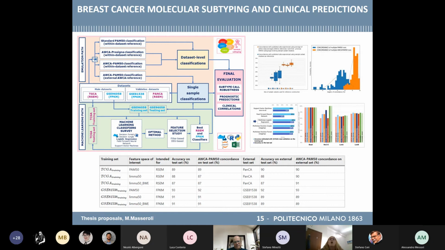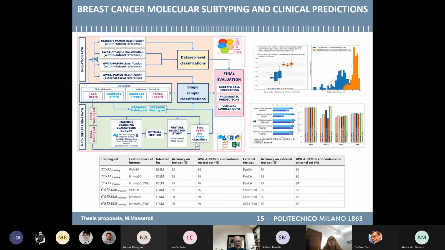On the other side, we proposed some alternative classifiers, and in a machine learning survey, basically, we compared different classifiers to find the best option at the moment for obtaining the subtype for a breast cancer patient.